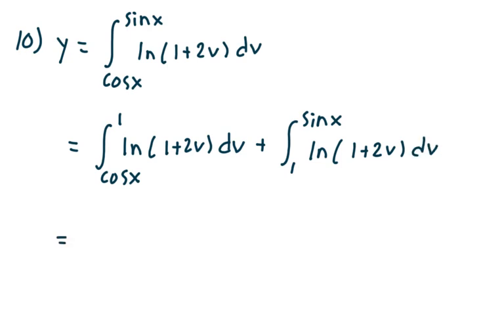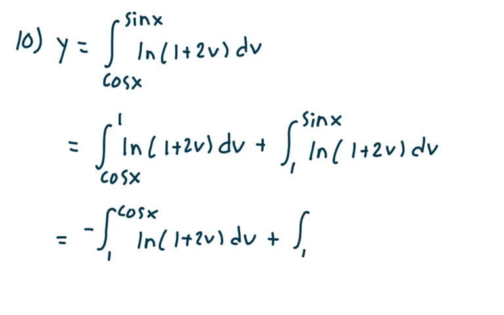And so I have to fix the first term. So this is negative the integral from 1 to cosine of x of natural log of 1 plus 2v dv plus the integral from 1 to sine of x of natural log of 1 plus 2v dv.